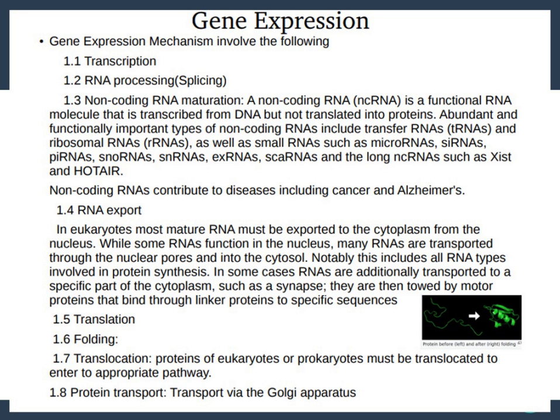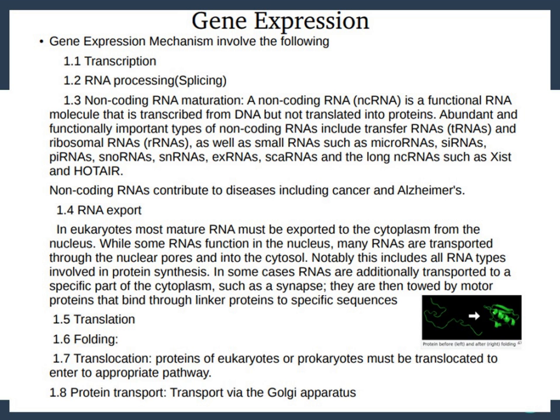Abundant and functionally important types of non-coding RNAs include transfer RNAs, tRNAs, and ribosomal RNAs, rRNAs, as well as small RNAs such as microRNAs, siRNAs, piRNAs, snRNAs, snoRNAs, xRNAs, scRNAs, and the long ncRNAs such as Xist and HOTAIR. Non-coding RNAs contribute to diseases including cancer and Alzheimer's.